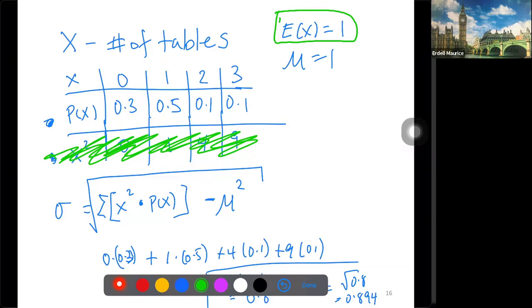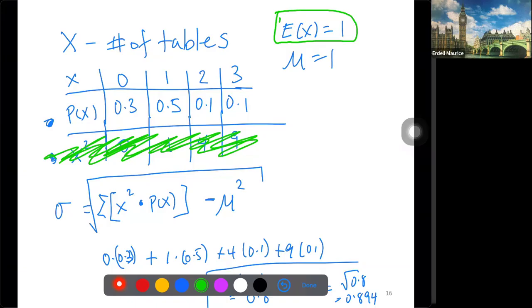So what happens right here is you multiply each value by its probability and add it up. The answer is up there.